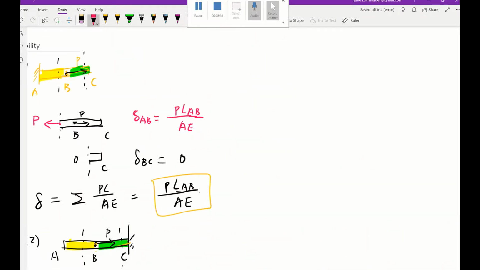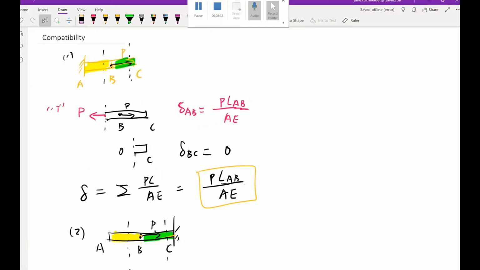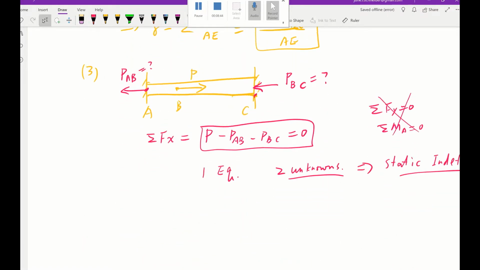That's why we need to use this new concept called compatibility equations. So how can this compatibility equation help us solve those two unknowns? We're going to relate it to our axial deformation. Okay, so now let's think about it. If I were to cut, again, we have two sections.